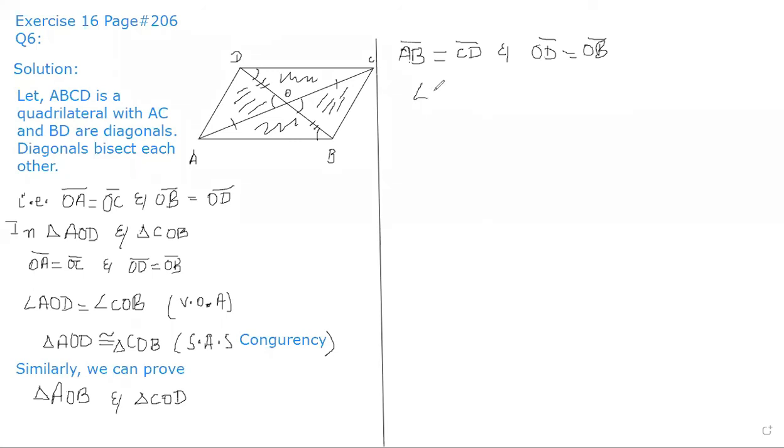So we can write angle ABO is equal to angle ODC. These angles are also equal to each other, because of the properties of a transversal: these are interior angles, and if a transversal intersects two parallel lines, their interior angles are equal. So their angles will also be equal.